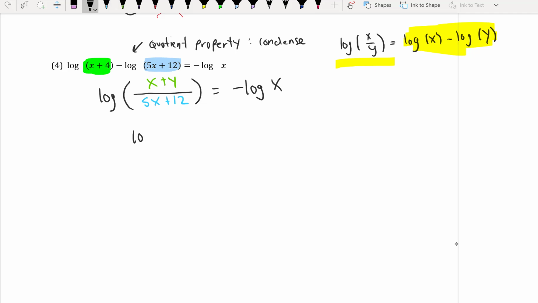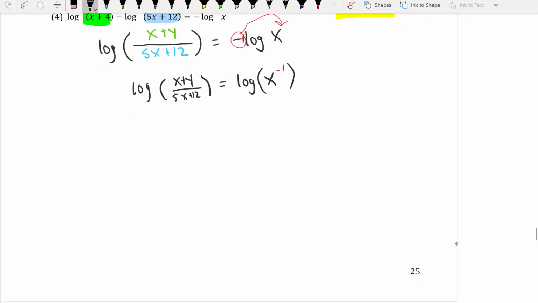So now I have that log of x plus 4 over 5x plus 12 is equal to a, and here I see that negative floating around. So I'm going to make that go to my numerator. And you can think of it as a negative 1 if you want. So it's going to be log x to the negative 1 power.